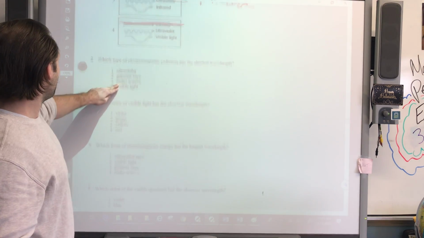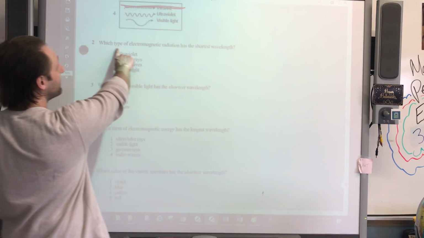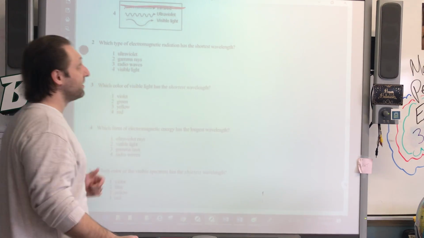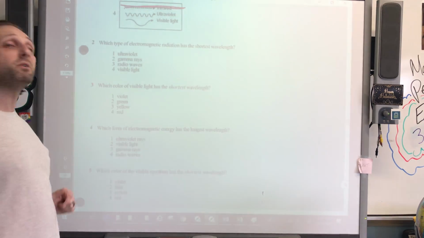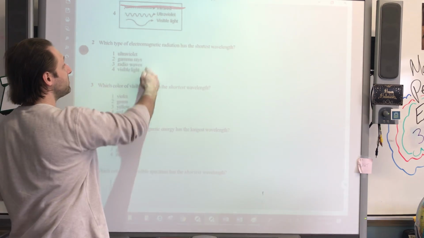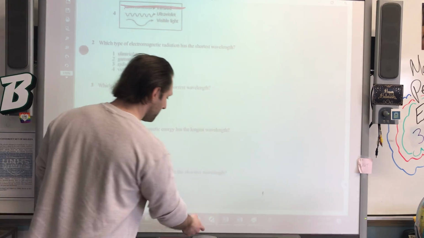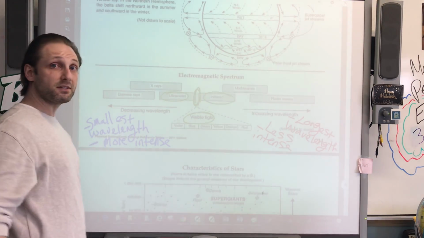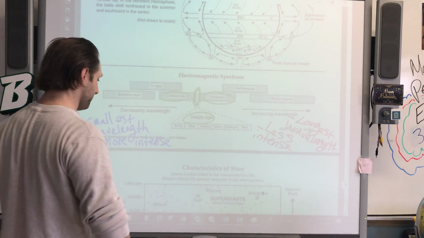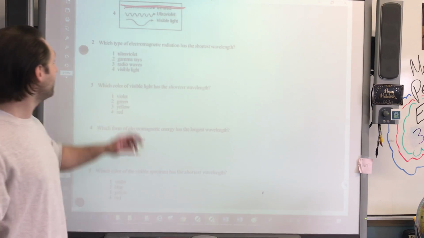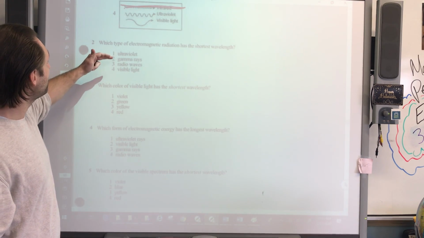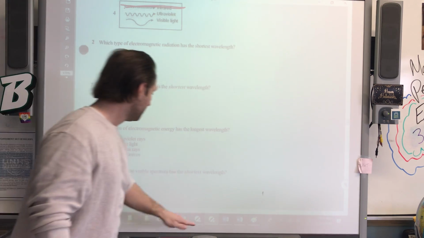All right, question number 2. Which type of electromagnetic radiation has the shortest wavelength? Very similar to what we just did. So you've got to take these 4 and figure out which one of these furthest to the left on the scale. Excuse me. All right, we got ultraviolet, gamma rays, radio, visible light.